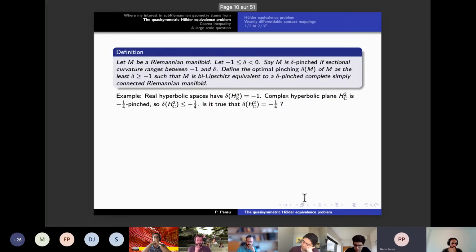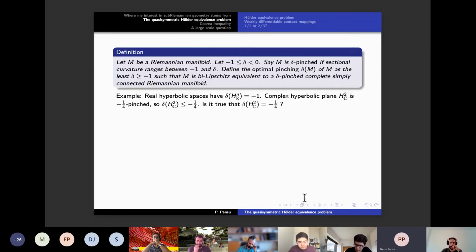And so by definition, the optimal pinching of real hyperbolic spaces, constant curvature spaces, is -1. For complex hyperbolic space, we know it's at most -1/4 because the complex hyperbolic metric achieves -1/4. But can we do better?